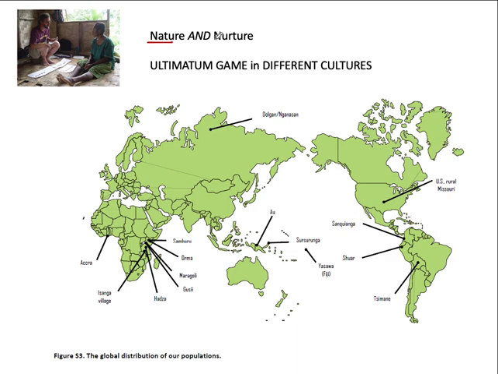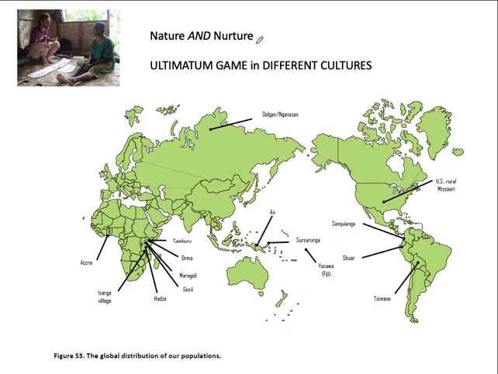There's also a cultural or environmental component that we might refer to as nurture. So this is an example of a behavioral outcome observed in humans that is likely dramatically influenced by cultural norms. That's not influenced by genetics necessarily. It's influenced mostly by environment. And this is an example of something called the ultimatum game.